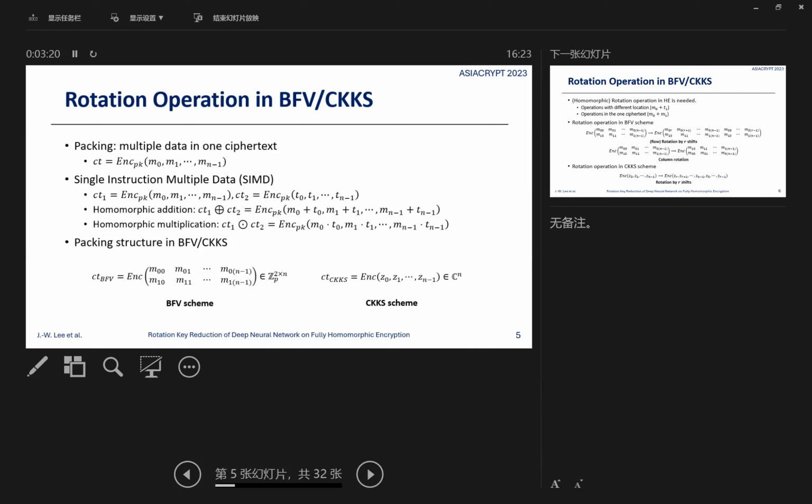So we have to note that each element of the same location is added or multiplied.